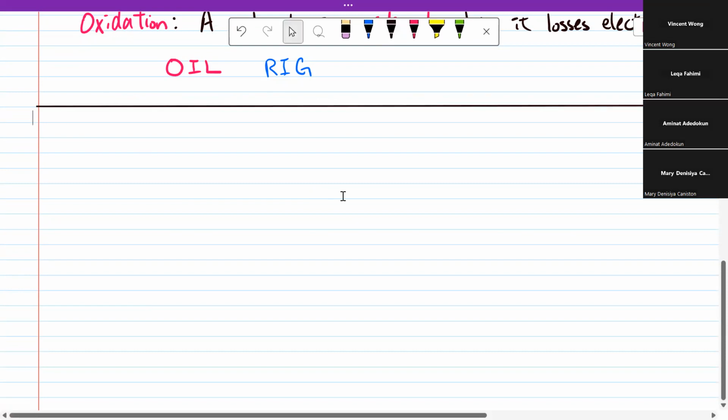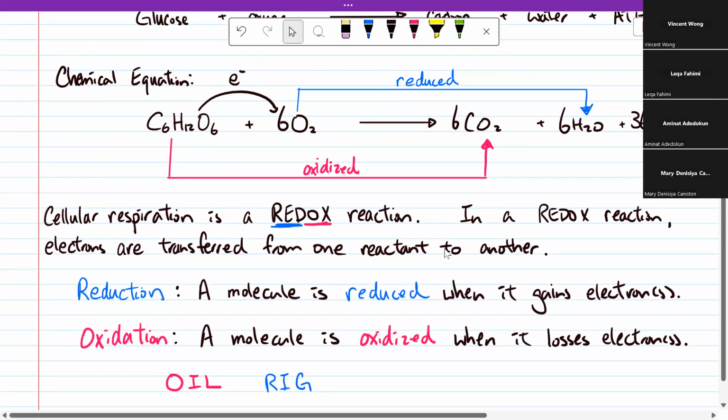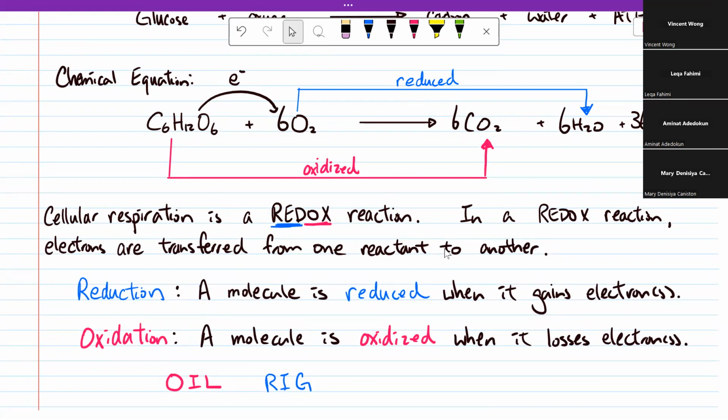Now, even though this reaction looks like it's one step, just glucose reacting with oxygen, and then you get the products, actually we have to do it in many, many mini steps. And we want to extract the energy a little bit at a time. It's kind of like your car. You have a full tank of gasoline.